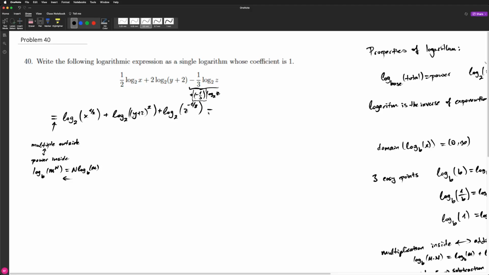And then I can put these guys together. So multiplication inside is the same thing as addition outside.